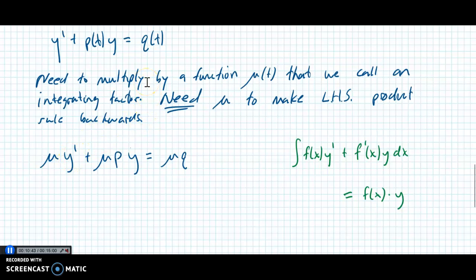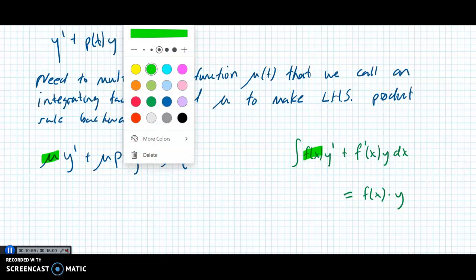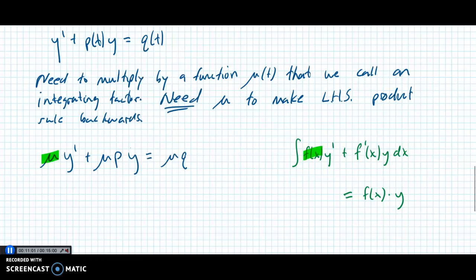Another way I could say this is that this derives to that. Now, look, these are exactly the same. This is this. This is this.